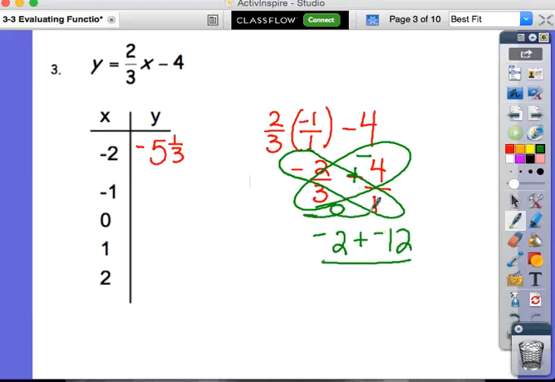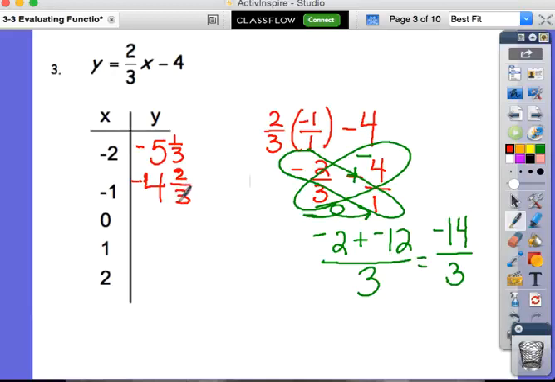And then the bottom 3 times 1 is 3. So on the top, a -2 plus a -12 is a -14 over 3. Turn that back into a mixed number for me. How many 3's going to 14? 4. 4, and it's negative, by the way. -4 and 2/3. There you go.